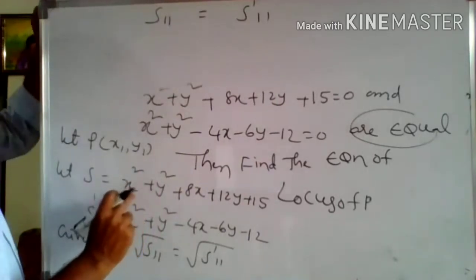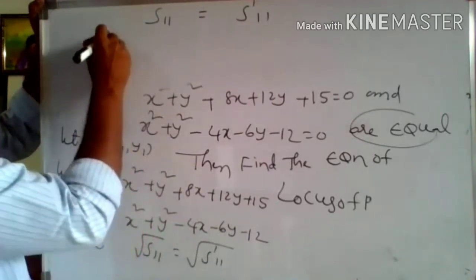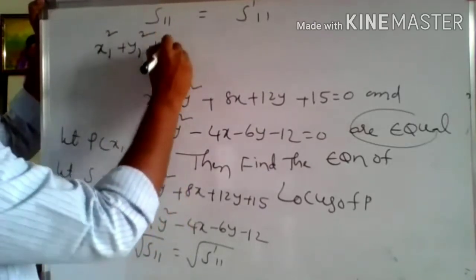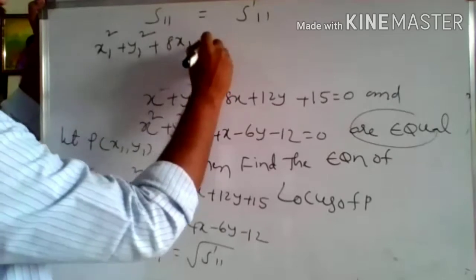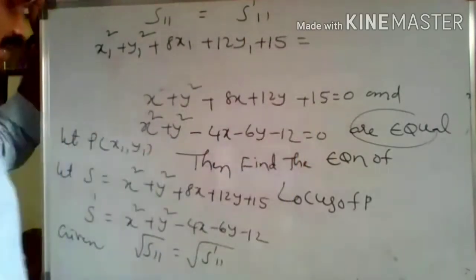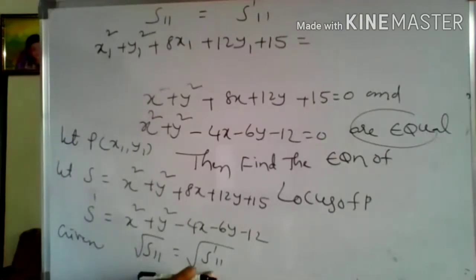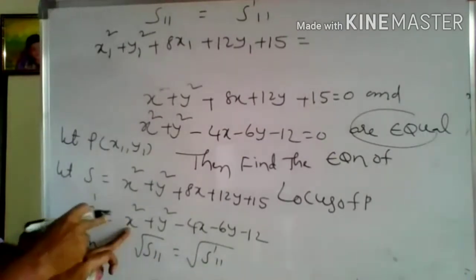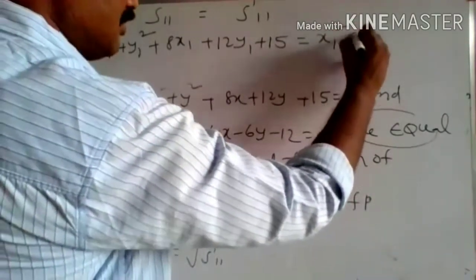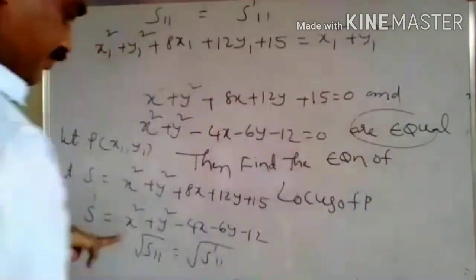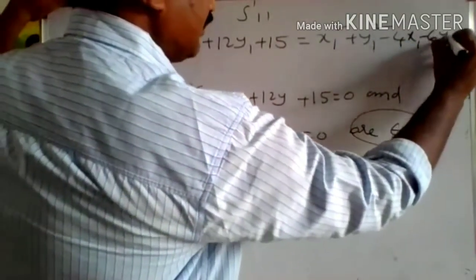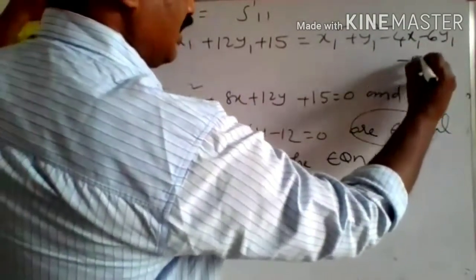S11 is equal to x1 square plus y1 square plus 8x1 plus 12y1 plus 15, and S dash 11 is equal to x1 square plus y1 square minus 4x1 minus 6y1 minus 12.